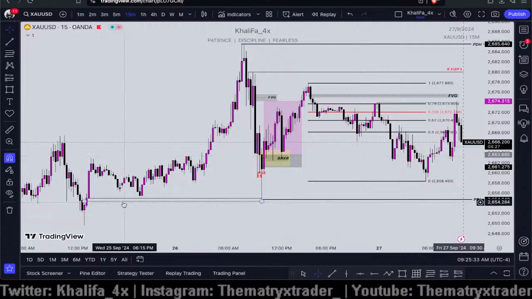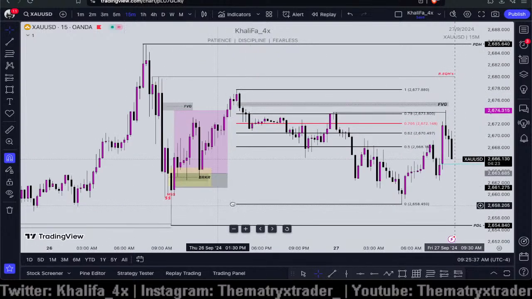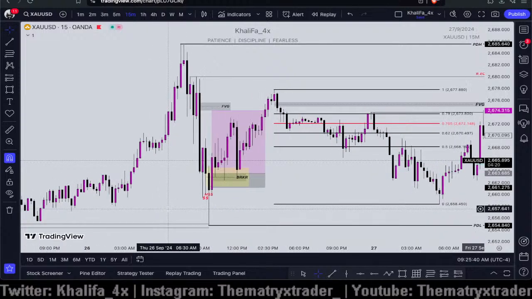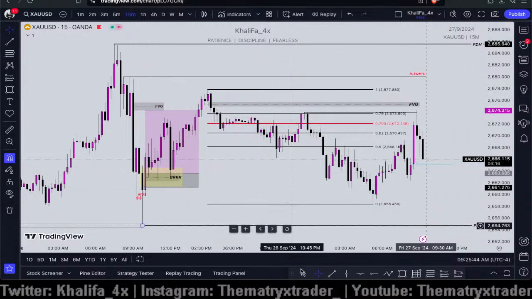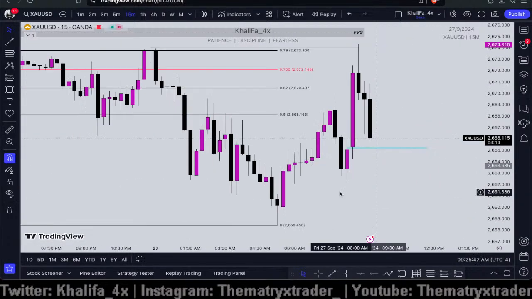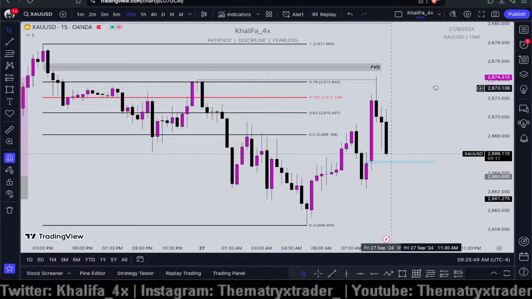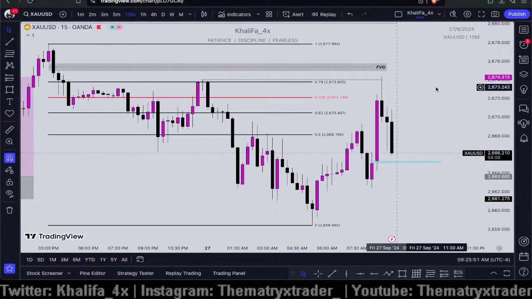You see how price swept, just touched this fair value gap and goes above. This is what the real algorithm is. If you go short from this 0.79 retracement level, the target would be this volume imbalance.